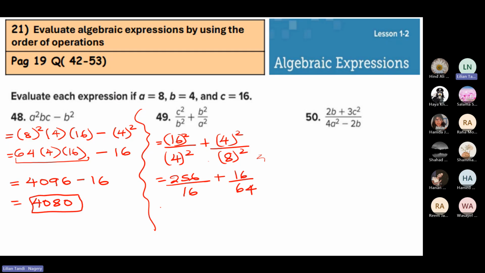And this should give you 65 over 4. Now, you cannot leave your fraction like this. It has to be simplified.